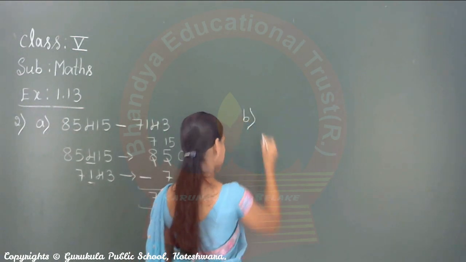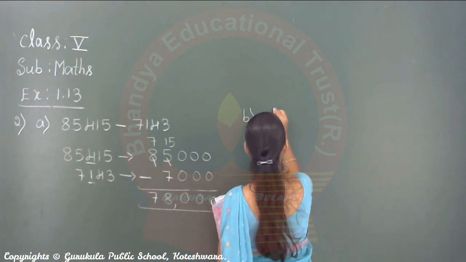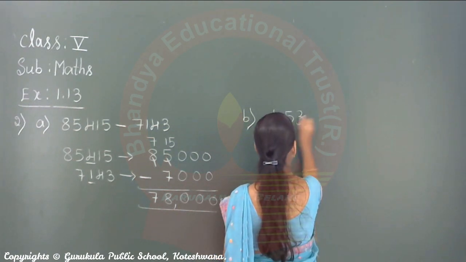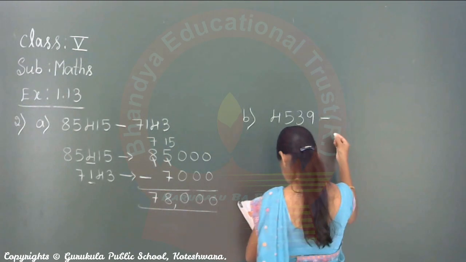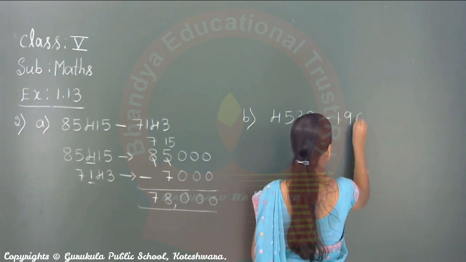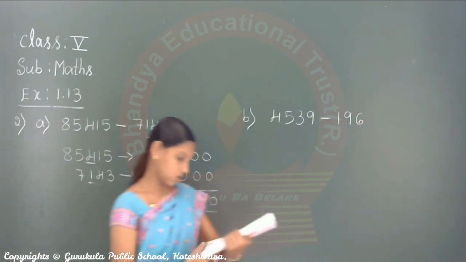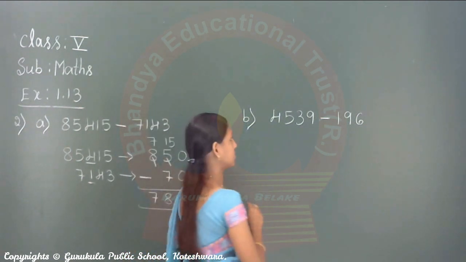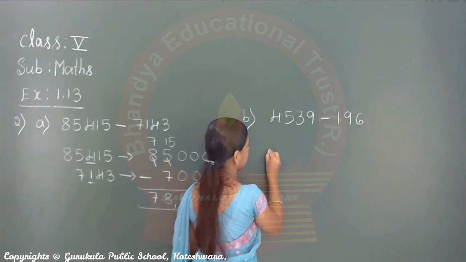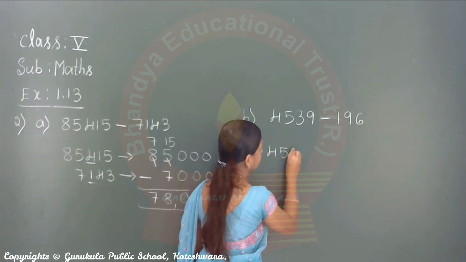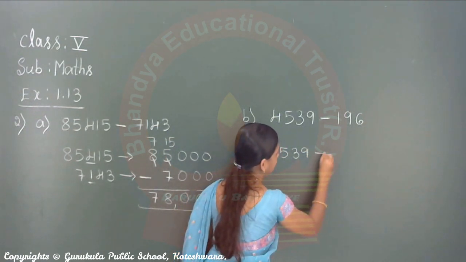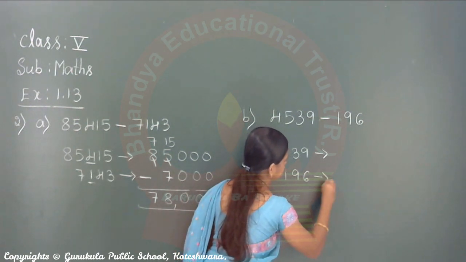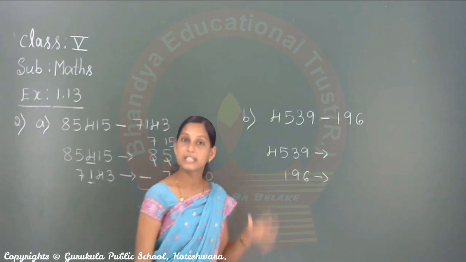Let us move to the next example, that is 4,539 minus 196. Okay, this is the given number. Here also, write the number 4,539 and 196. Here also same rule.